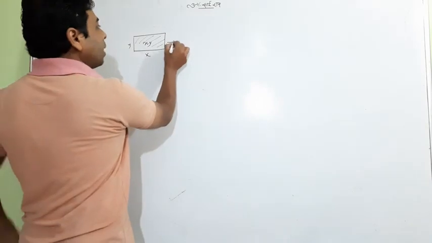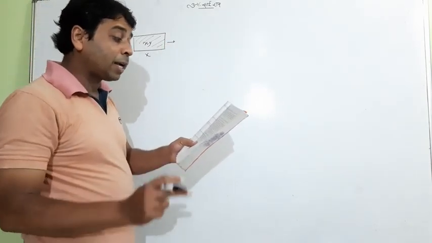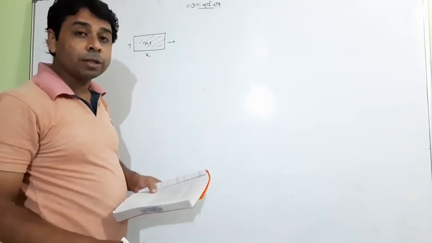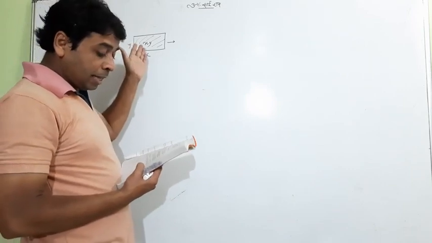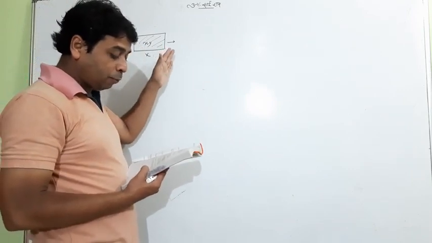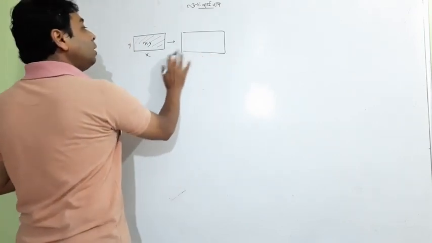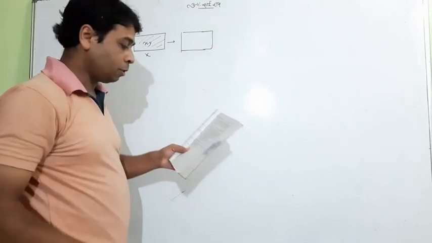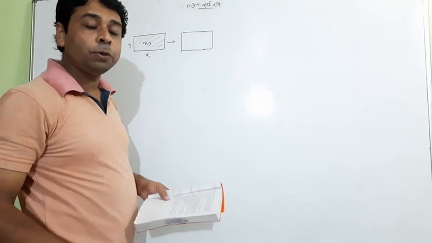What happens? The question says the area of the rectangle gets reduced by 9 square units. What is its meaning? When the length is reduced by 5 units and the width increased by 3 units, the question says one new rectangle is formed, in which the length is reduced by 5 units.